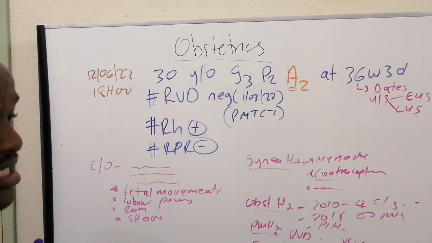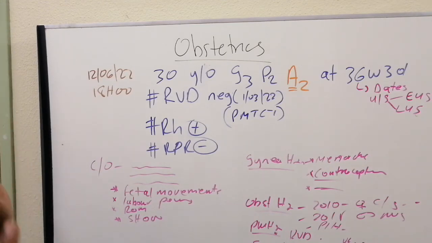You want BP for all patients, but for these ones, it's very, very important. And you want a dipstick as well. Check if they've got protein, because if they've had a PIH in their previous pregnancies, they might have it even now, because one of the risk factors of PIH is when you've had a PIH before, right? And then do examination, then you're done.